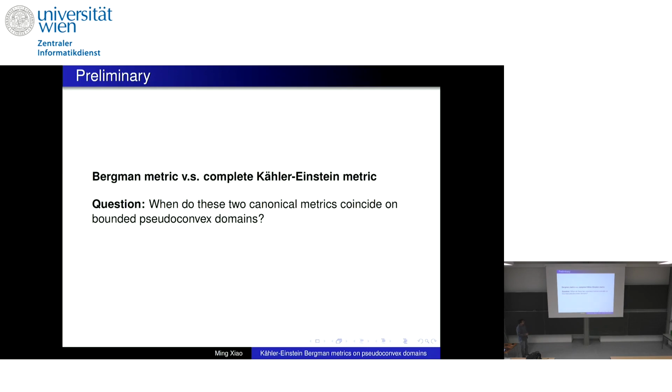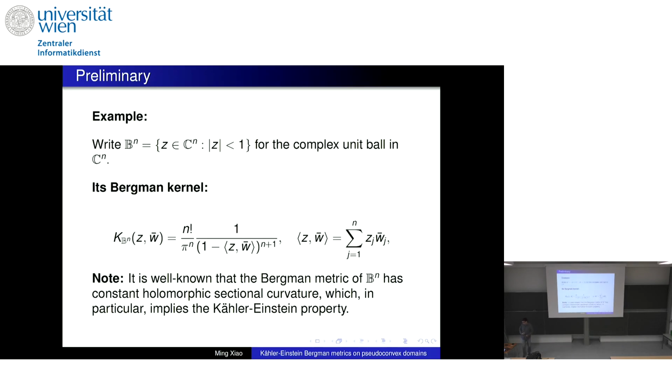It's maybe a good time to pause to give an example. Let's take the simplest model of a pseudoconvex domain, let's say the unit ball. We know that it's routine to check and compute that the Bergman kernel of the unit ball is given by this, from which we can compute the Bergman metric. And also it's a well-known fact that the Bergman metric of the unit ball is indeed hyperbolic, or has constant holomorphic sectional curvature, which is stronger than being Kähler-Einstein.